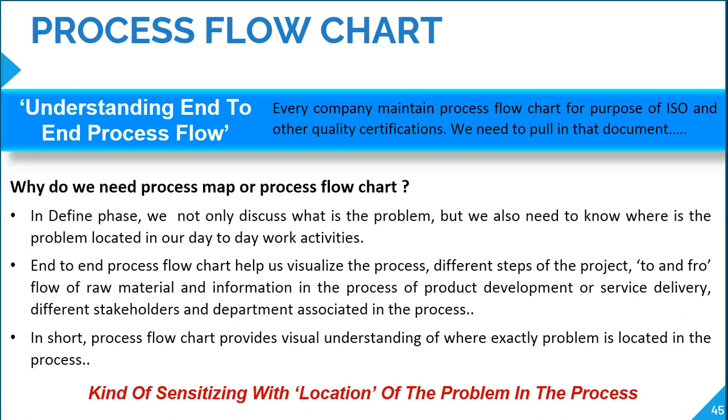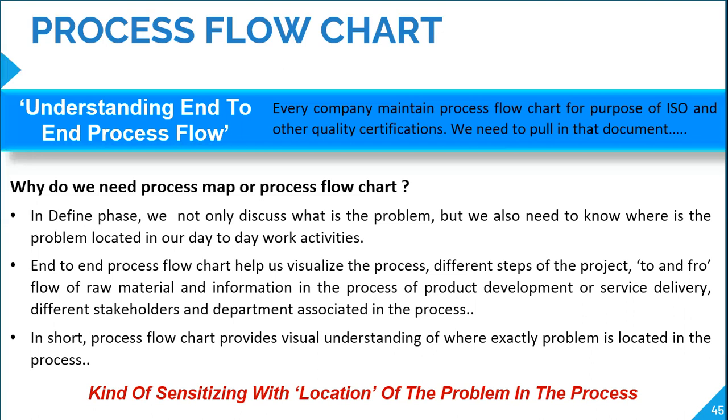The end-to-end process flowchart also helps us understand the different stakeholders associated. Stakeholders are the ones who are working on a given step, or for that matter, the individuals who benefit from this process. This may include your suppliers from where you get raw material. This may include your client who comes up with their request.